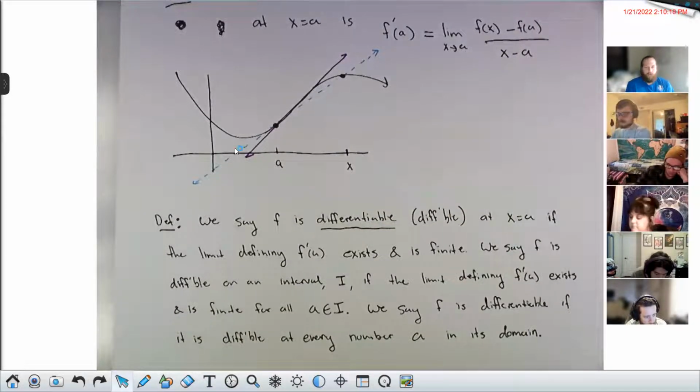So differentiability just means the derivative exists, that you can find the slope of the tangent line. I'll show you how it's possible for that to fail.